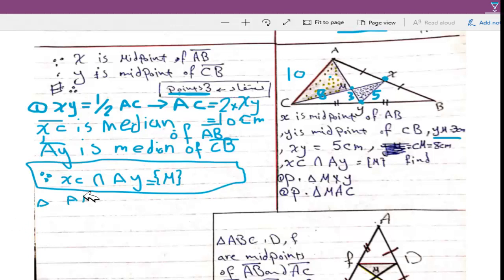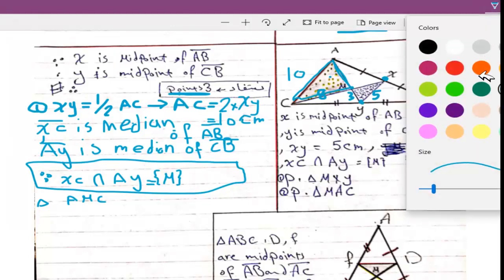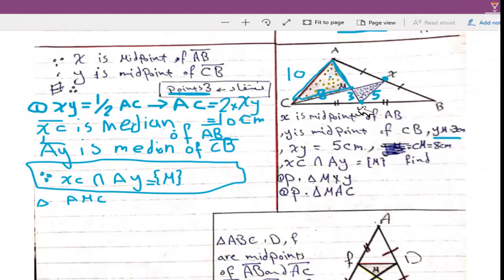Okay, so we found in the triangle AMC, determine the triangle you will talk about. So AMC is the first triangle we will talk about. We found AC equals 10. Then you have to talk about AM. Since MY is 3, AM will be twice this, so AM will be 6, right?